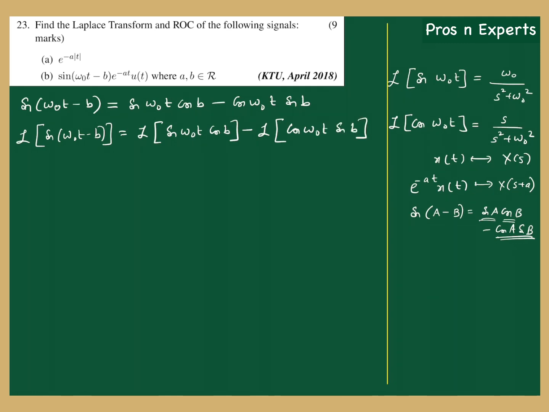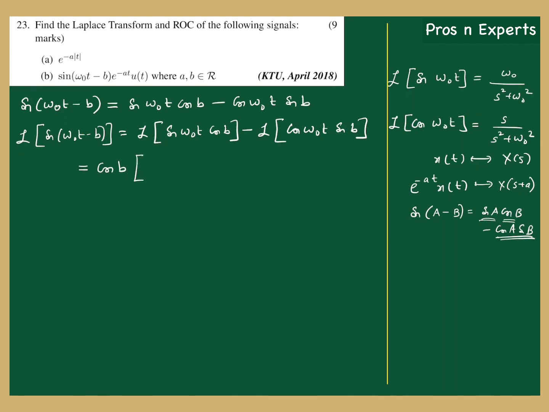What is the Laplace transform of sin omega 0 t into cos b, the first term? Here you can see cos b is a constant, a and b are elements of R. So cos b is a constant. You can take it outside the Laplace transformation because sin omega 0 t is the only signal here, because it contains a t. It is a function, it is a variable, it is a signal. So I can take cos b outside.